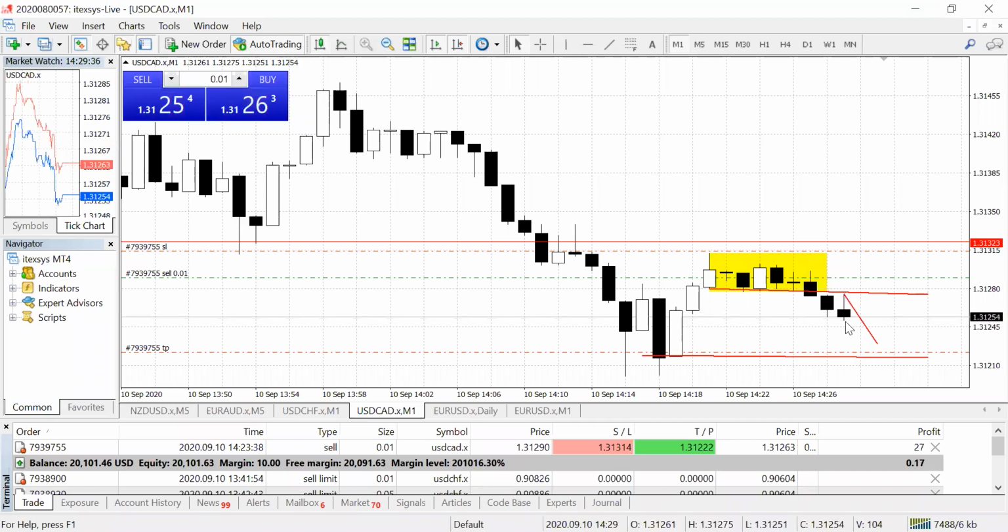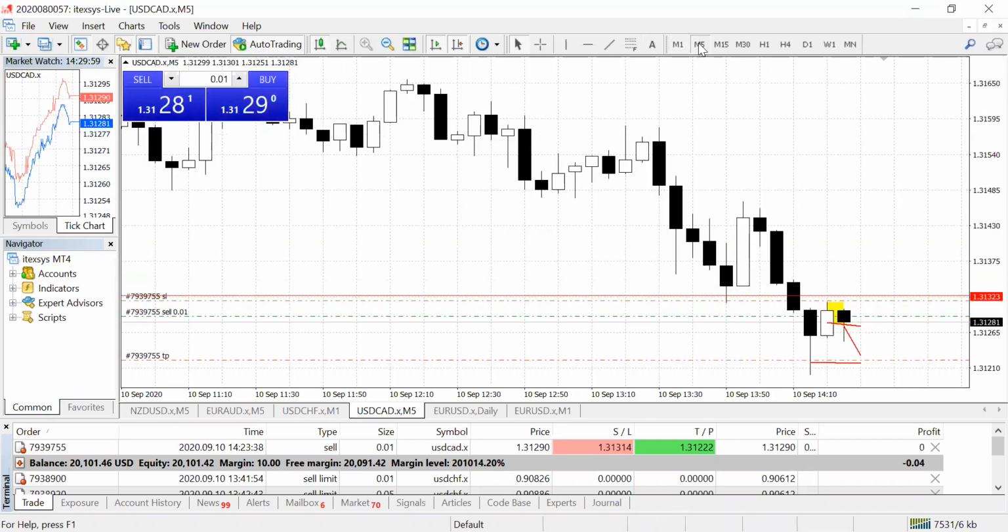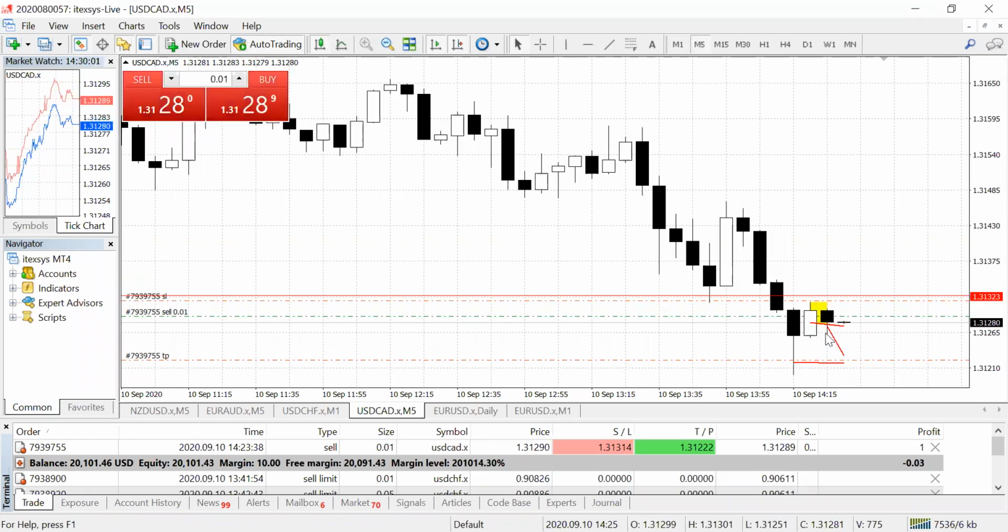Okay, there's the rejection, and then we need to see some follow through, which is not happening. Okay, 5 more seconds on that candle, 5-minute chart, leaving a tail on the down part.